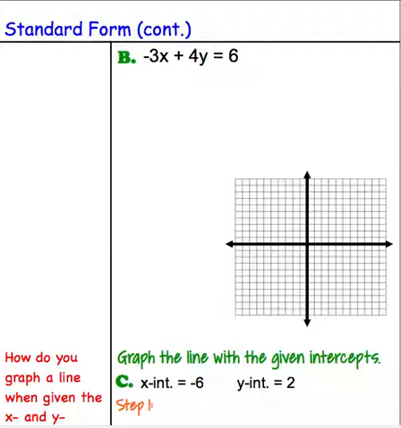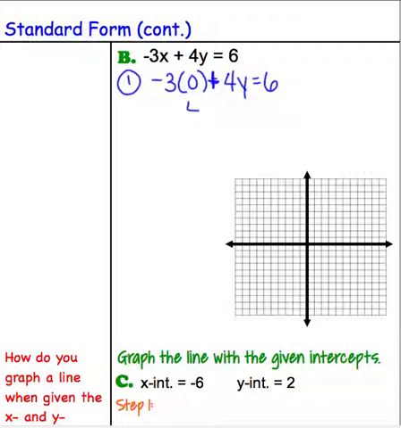So the first thing that we're going to do is put in 0 for x to get our y-intercept. Now, it doesn't really matter whether you put in 0 for x or 0 for y first. I like to put in 0 for x first because it helps me out. So I have negative 3 times 0 plus 4y equal to 6.